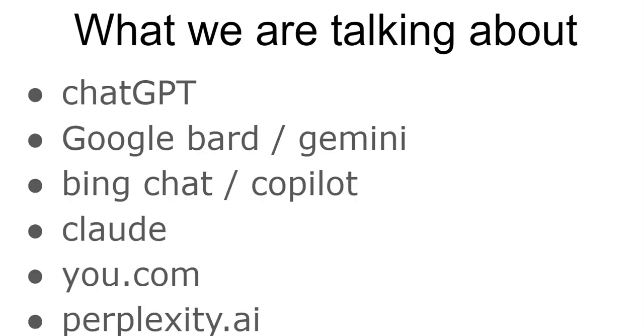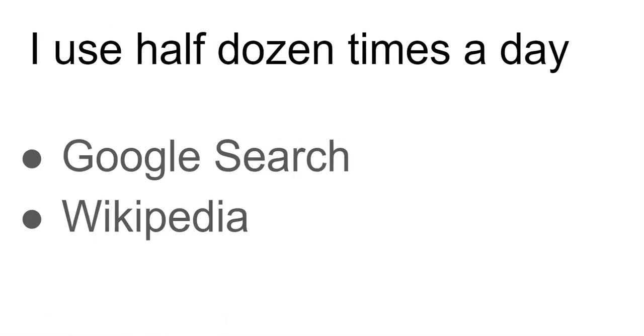Here are some of the most famous: ChatGPT, Google Bard, also known as Gemini, Bing Chat, also known as Copilot, Claude, U.com, and Perplexity. I use these chatbots about half a dozen times a day, usually in place of something like Google Search or Wikipedia.